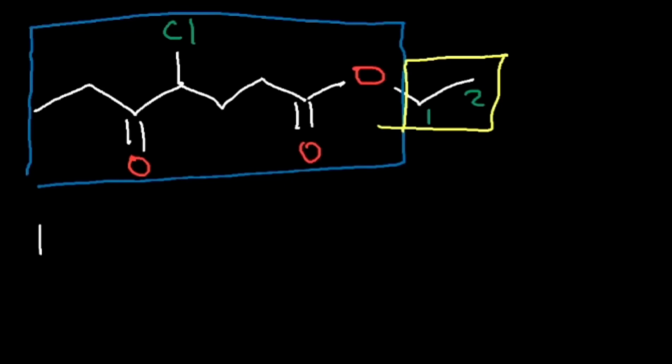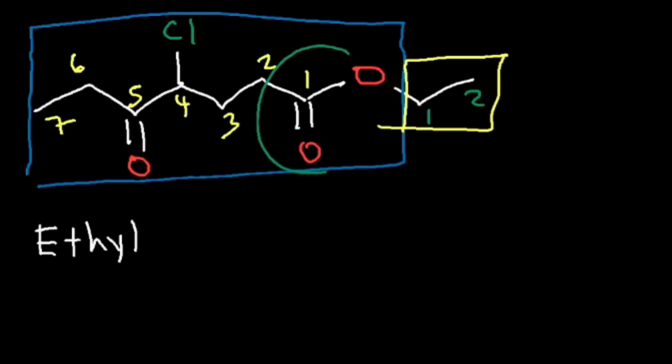So once again, that's ethyl. Now for the part that has the two oxygens, let's count the longest chain. 1, 2, 3, 4, 5, 6, 7. Make sure you count it starting from the ester functional group. So 7 is associated with heptane, but we're going to use the word heptanoate.